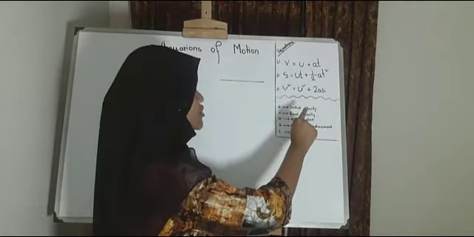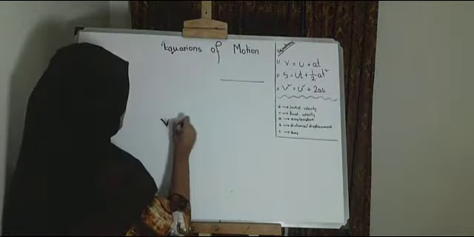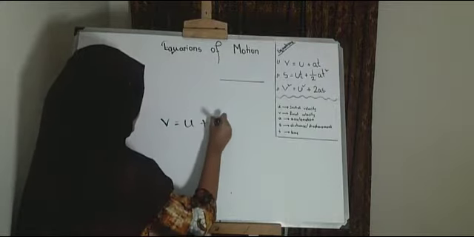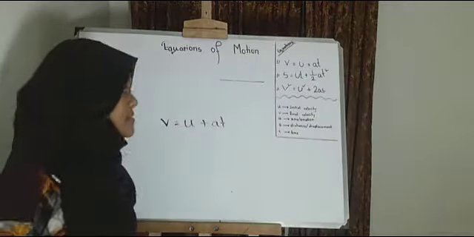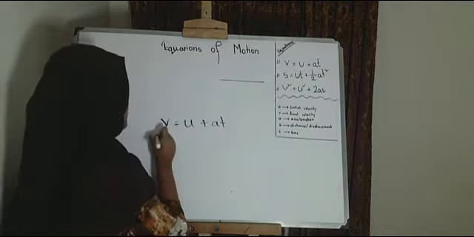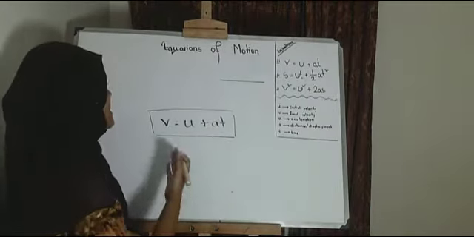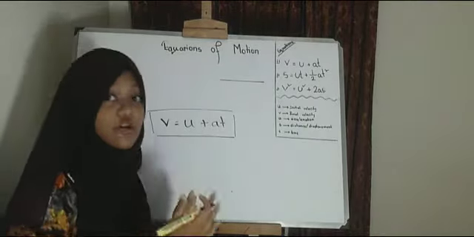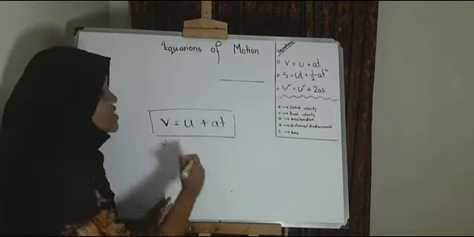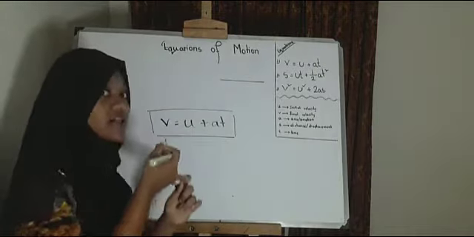So we're going to start with the first one, which is V equals U plus AT. Okay, I'll write here V equals U plus AT. So what does this equation mean? The equation is actually about velocity, which is the final velocity, the V. So this equation tells us if we have the value of initial velocity, acceleration, and the time.